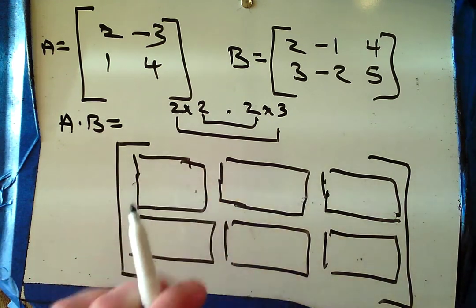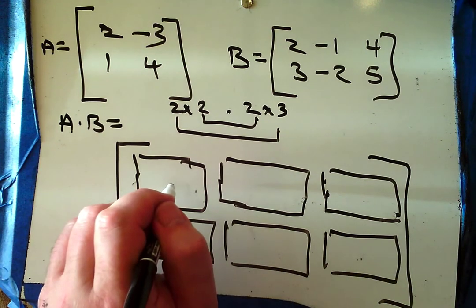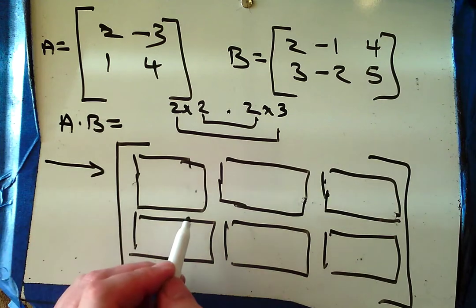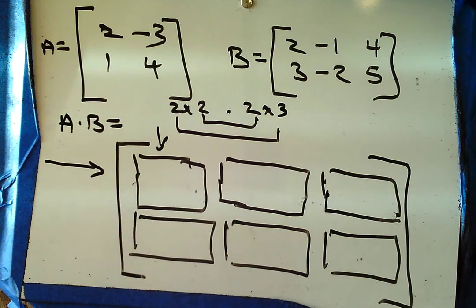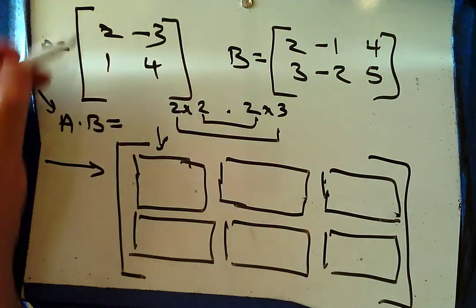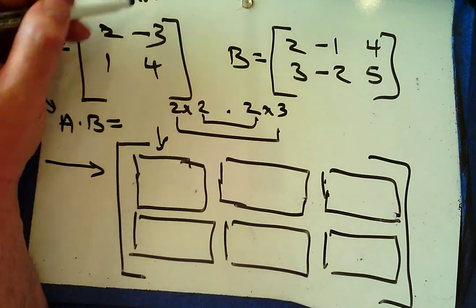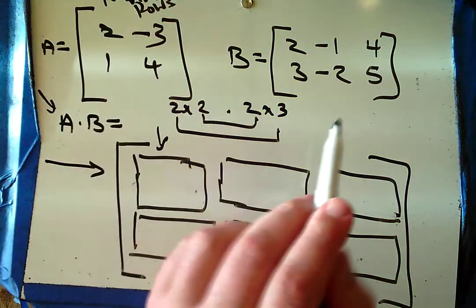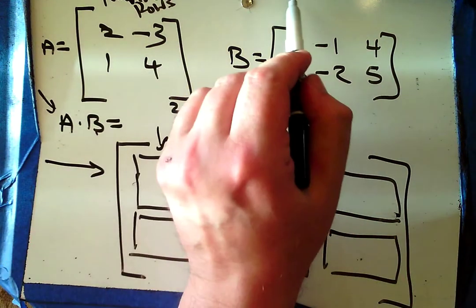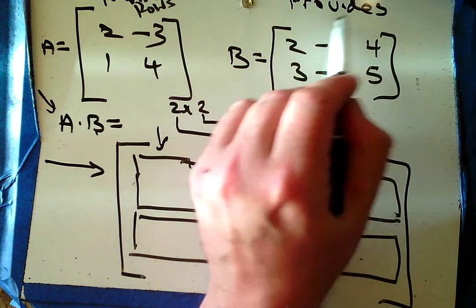Okay, so let's say I want to fill in this box. This box is in the top row and it's in the first column. Now, whichever matrix comes first provides rows, and whichever matrix comes second provides columns.